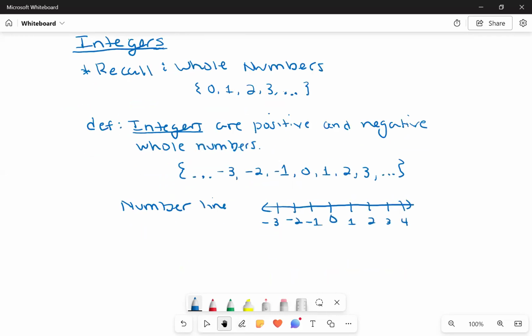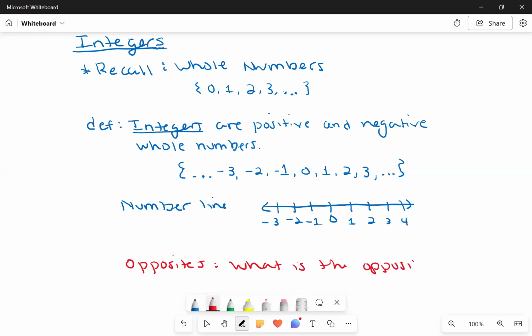Okay, a couple things that I want to mention about the integers, some terminology we should know before we jump into the operations. First is the concept of opposites. So when you say, what is the opposite of 2?